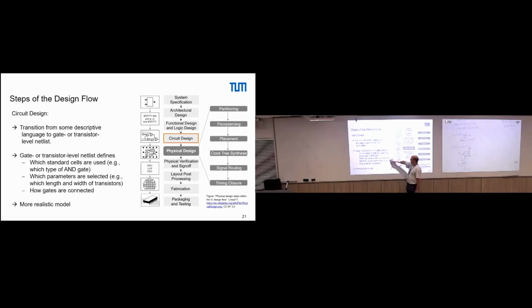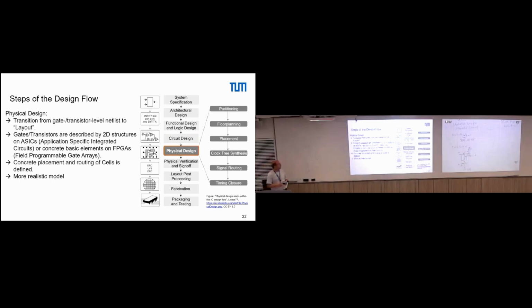And then, what is the benefit of this? Well, we are now already closer to what we finally will see in the hardware. So if we now simulate, our prediction will be more accurate. What it means for simulation, we can also see in a second.